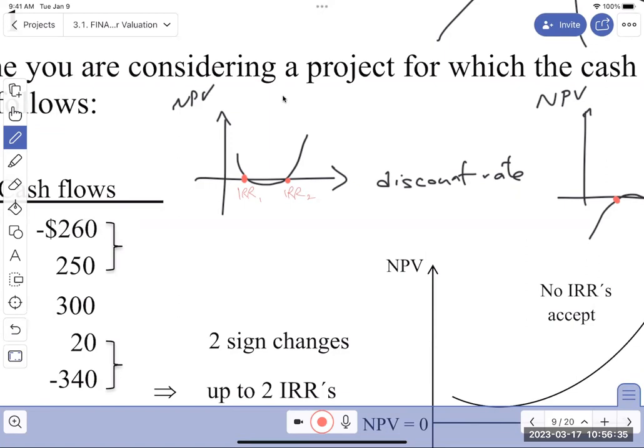Again, where's the NPV positive? The NPV is only positive up here, right?